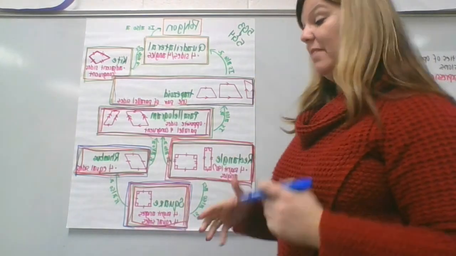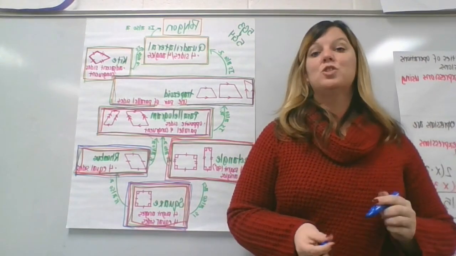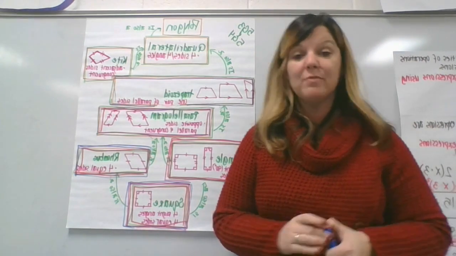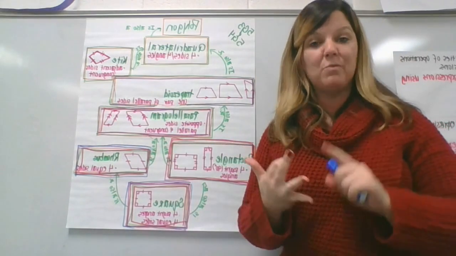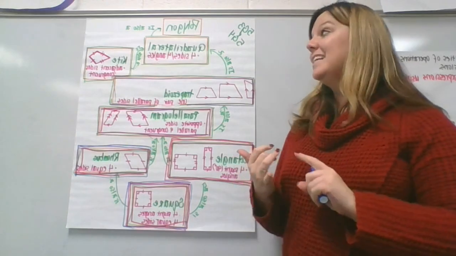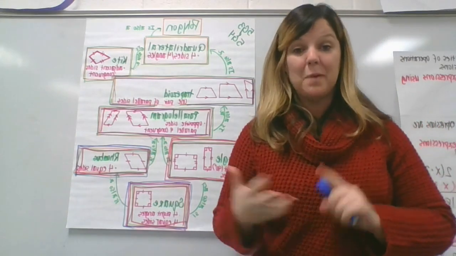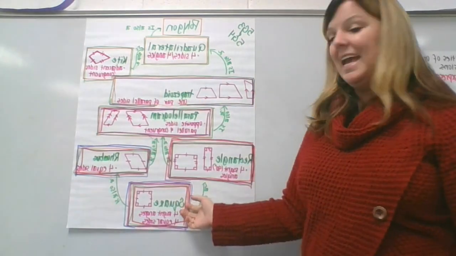So if you're asked to give all of the names of a square, you would have to include everything above it in this chart. A square is a rectangle. It is a rhombus. It is a parallelogram. It is a trapezoid. It is a quadrilateral, and it is a polygon. So it has the most names because it is the farthest down in the hierarchy.